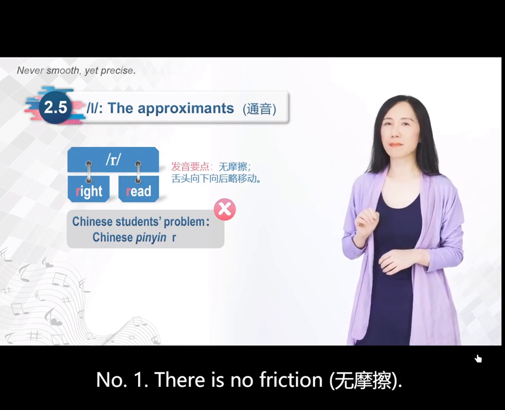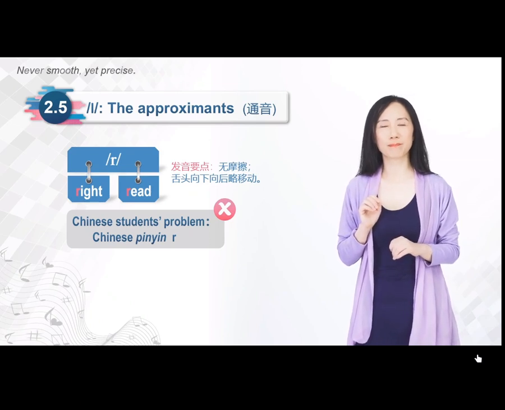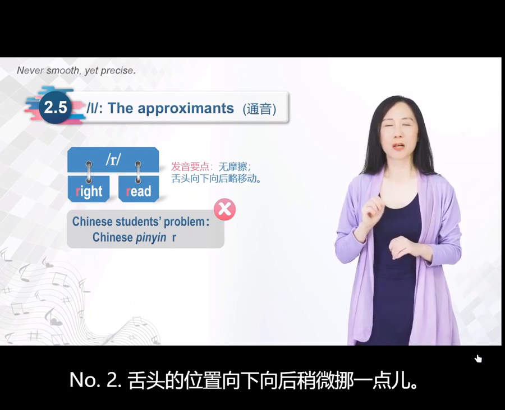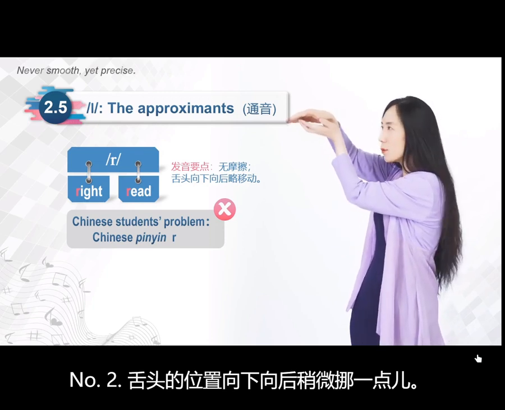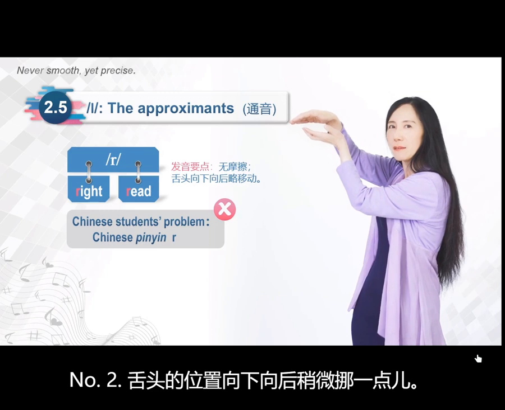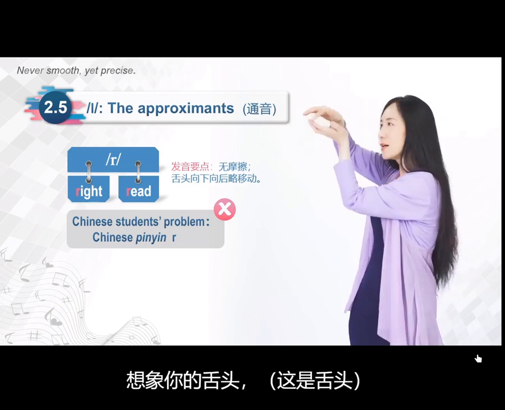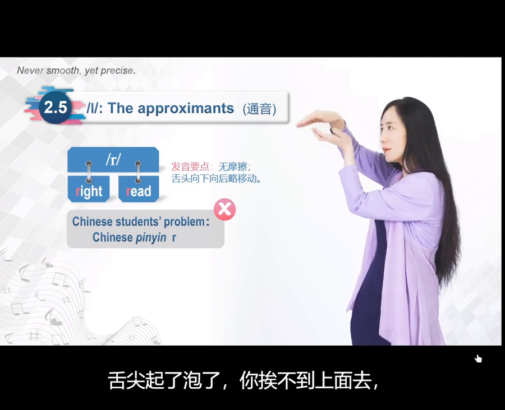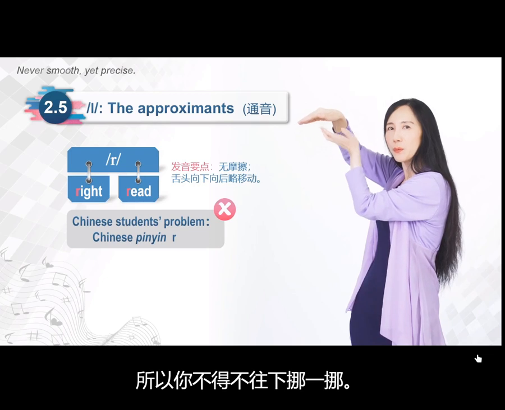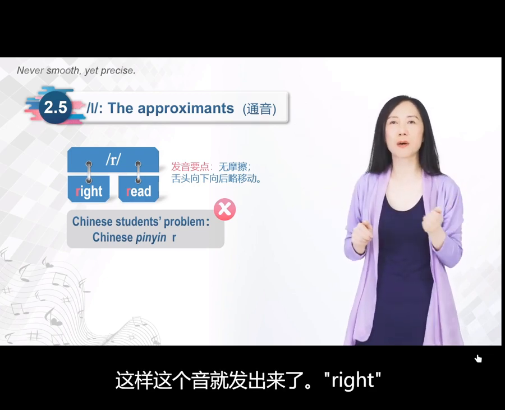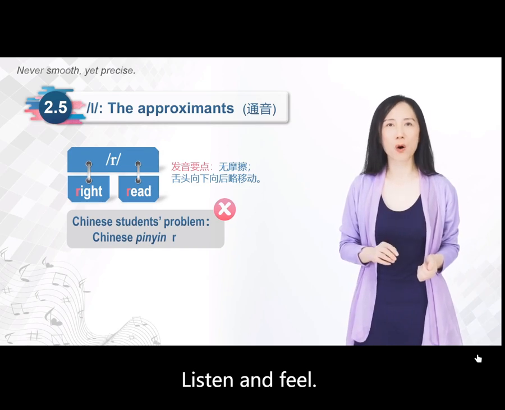Number one, there is no friction, 是没有摩擦的。Number two, 舌头的位置需要向下向后稍微挪一点。有时候我会跟学生讲，想象你的舌头，这是舌头，舌尖起了泡了，你挨不到上面去，所以你要不得不往下挪，这样这个音就发出来了。Right. Listen and feel.